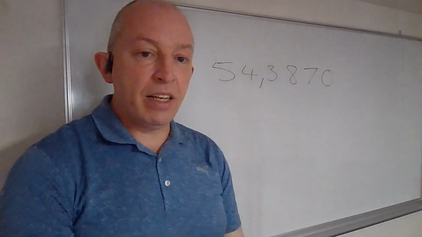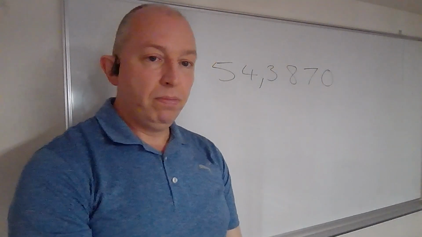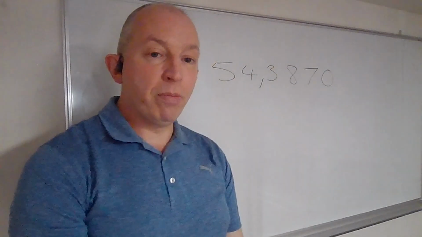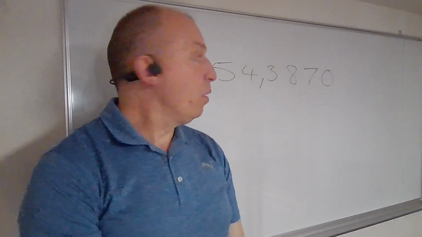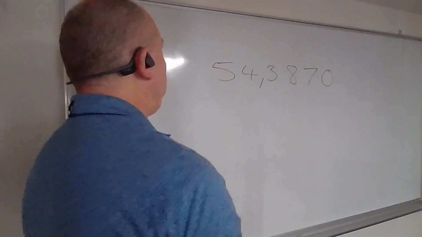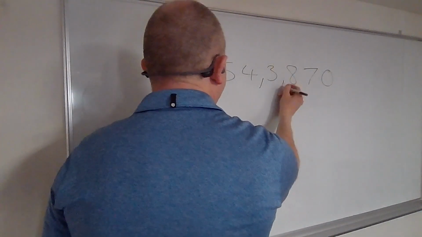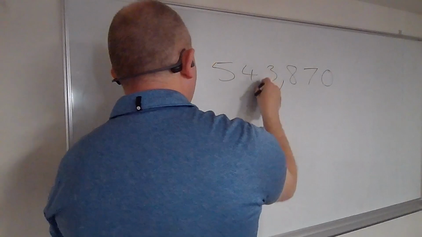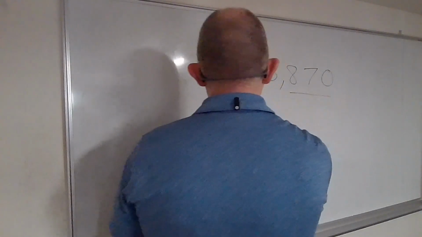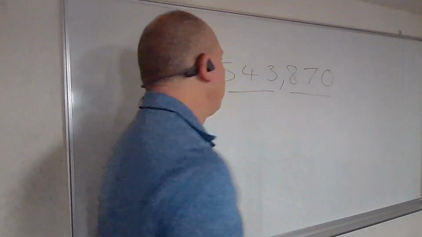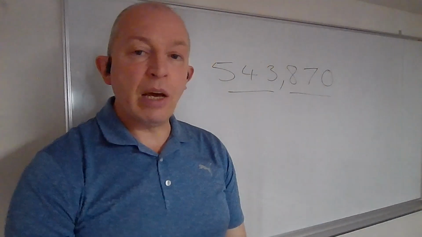Let's do another one. Okay, so I just added a 0 to the end. We need to move the comma. Where does the comma go? We need to move the comma again to separate three numbers, so it would be here. And then you have two sets of hundreds. How do you say that number?